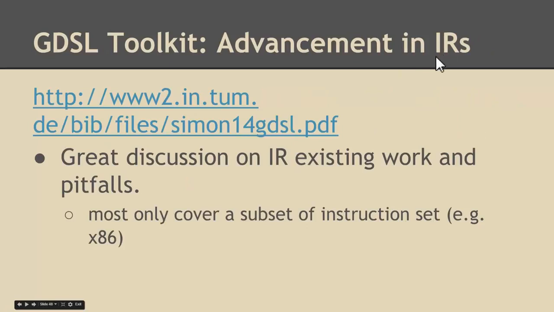As for intermediate representation, there is the Generic Decoder Semantic Language, I forget, toolkit. The GDSL toolkit seems to offer an improved way of doing this and offers a great discussion on existing intermediate representation work and the pitfalls, and how most can only cover a subset of an instruction set, such as x86.